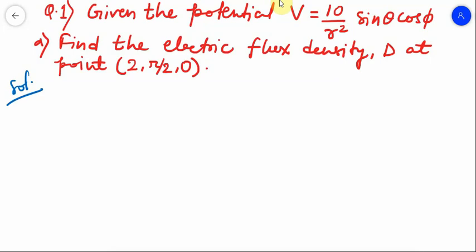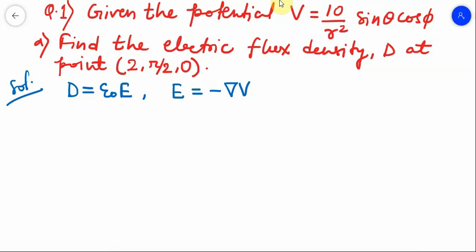The relations are: D equals epsilon naught E, and E equals minus del V. In the previous class we established this relation. With the help of V we can find E, and then D at the given coordinates 2, pi by 2 and 0. So let's start.